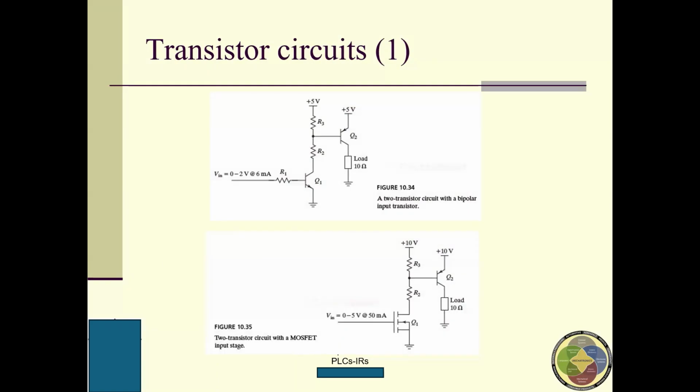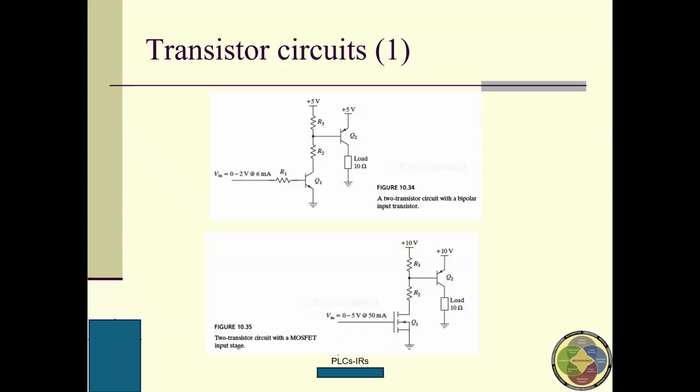If there is no current, there is no voltage drop, so here will also be 5 volts. 5 volts and 5 volts, the difference equals 0. A voltage difference of 0 is less than the threshold value, so there is no current either. As a result, this load does not work.